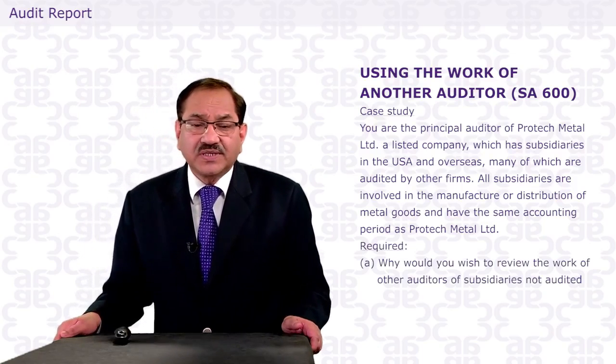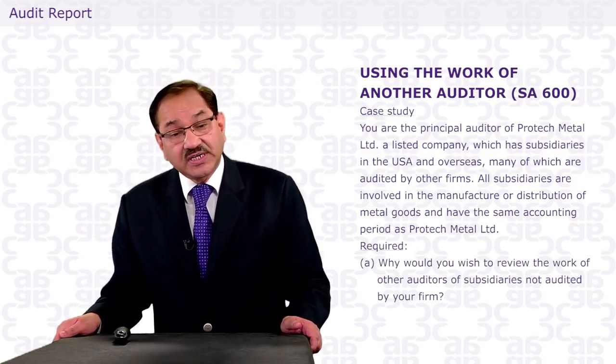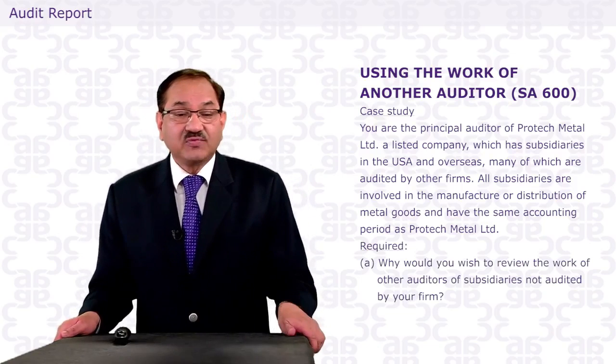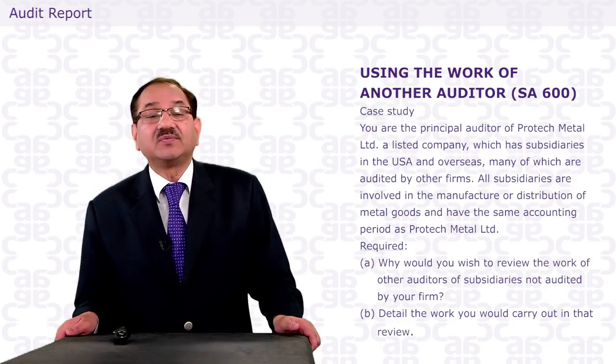All subsidiaries are involved in the manufacture and distribution of metal goods and have the same accounting period as Product Metal Limited. Why would you wish to review the work of other auditors of the subsidiaries not audited by your firm? Detail the work you would carry out in that review.